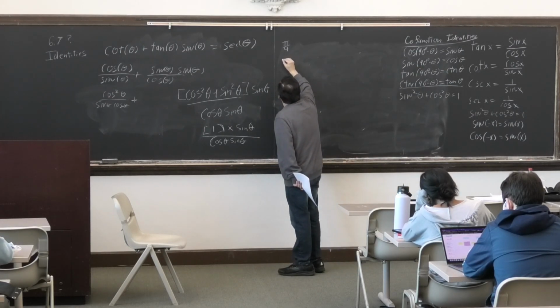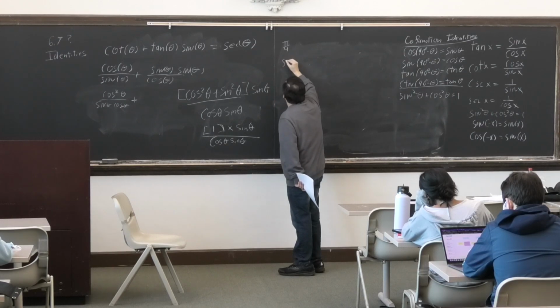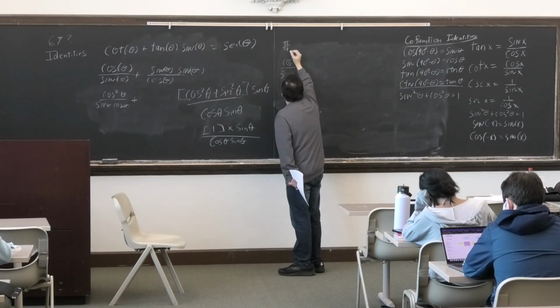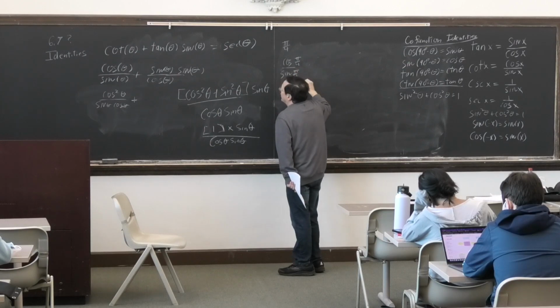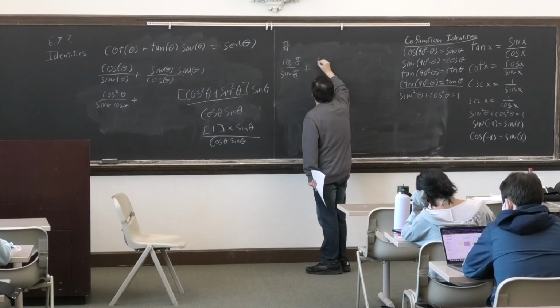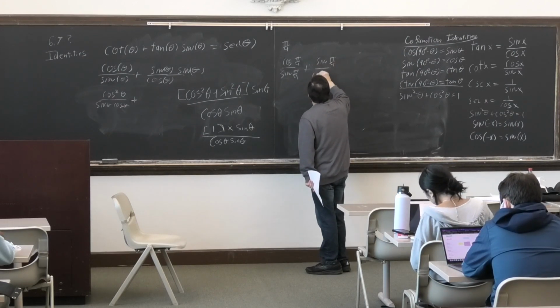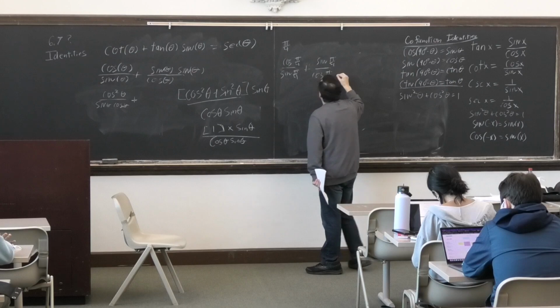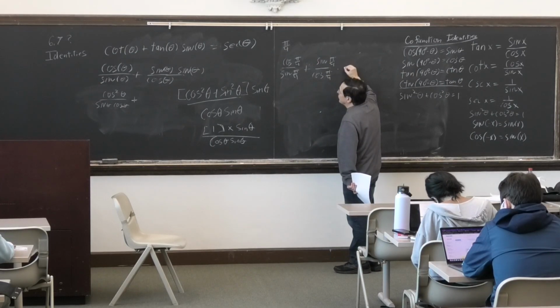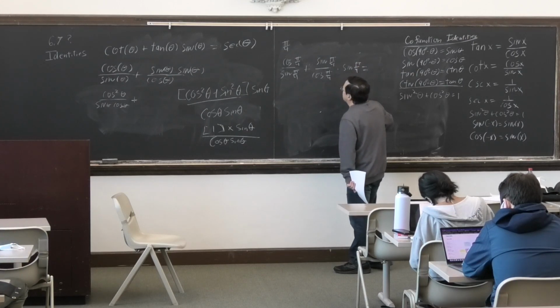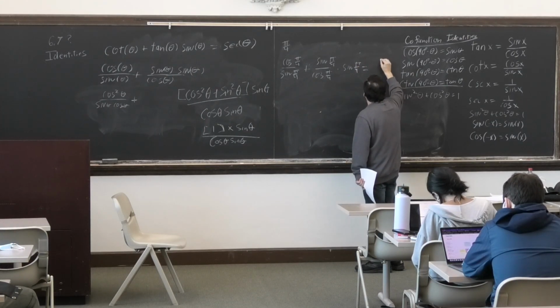So cotangent of theta is cosine theta over cosine of pi over 4 sine pi over 4 plus tangent, which will be sine pi over 4 cosine pi over 4 times sine pi over 4. And we want to show that's equal to the secant, which is 1 over cosine of pi over 4.